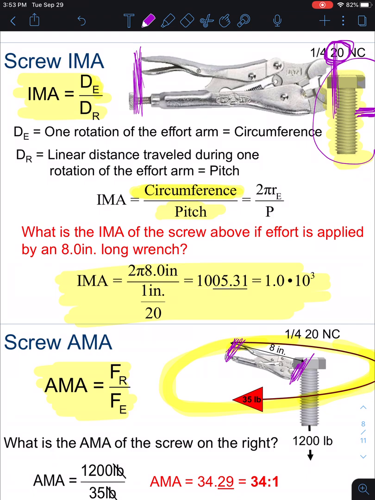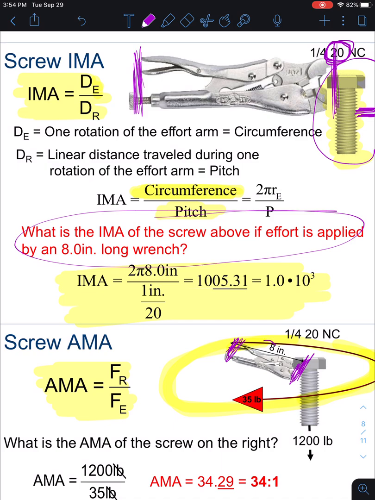The radius is from the middle of the circle to the outside edge. So however long that wrench is, that's the number we need as the radius to calculate the circumference. In this problem, we're told that the wrench is 8 inches long.